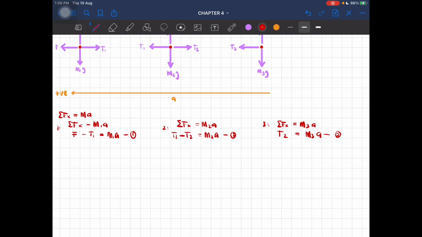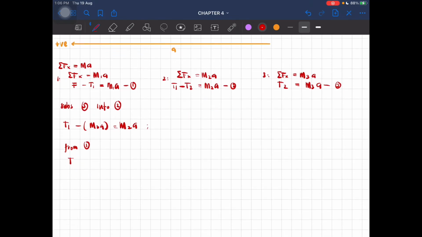So from 3, we can substitute 3 into 2. So T1 minus M3A equal to M2A. And then from 1 we can let T1 equal to F minus M1A.